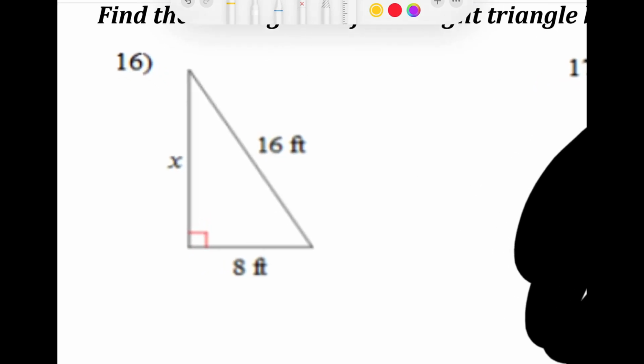Alright, and then the last one I'm going to do with you, number 16. There is no special angle given. There's only a 90-degree angle given, so we just know that this is a right triangle. We know our hypotenuse and we know both legs.